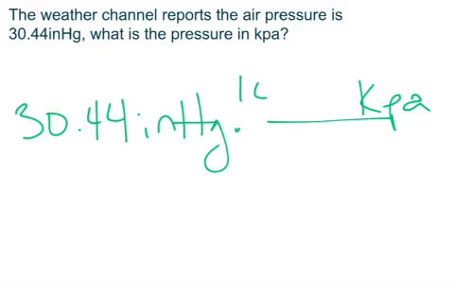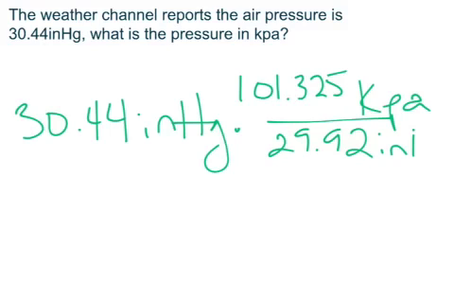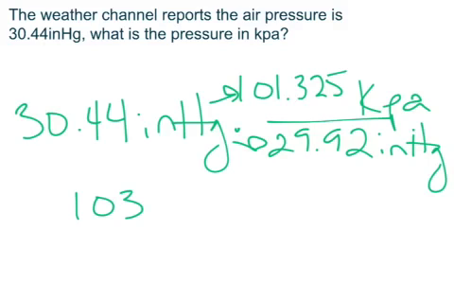So instead of 101,000, it's 101.325 for every 29.92 inches of mercury. And again, we're going to multiply and then we're going to divide, and that's our answer. 103.1 kPa. Woohoo.